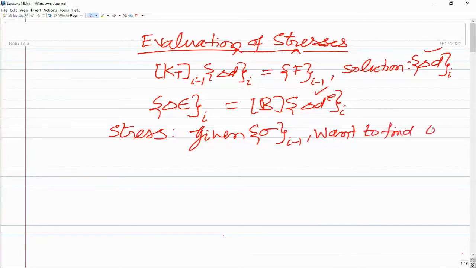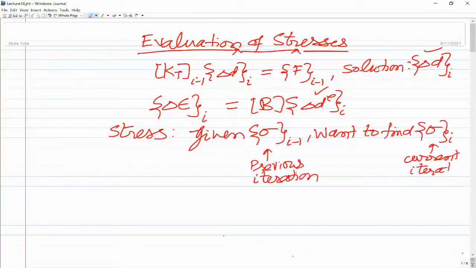We want to find sigma of I. So how do we do it?